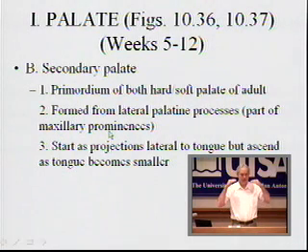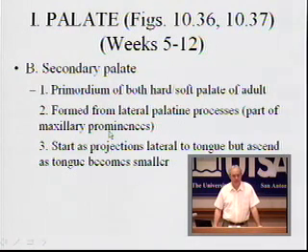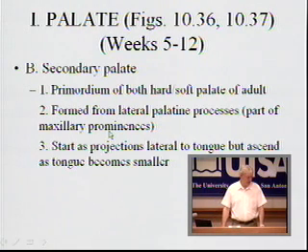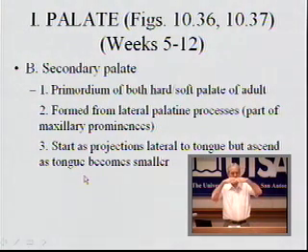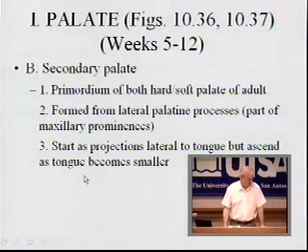Remember, the maxillary prominence was not one of the pharyngeal arches. It was a unique structure above the first pharyngeal arch, the mandibular arch. And it starts as projections lateral to the tongue, and eventually, as we said, will be able to fuse in the midline dorsal to the tongue.